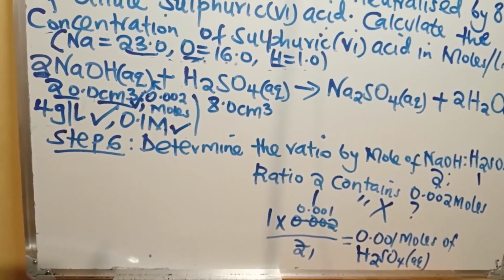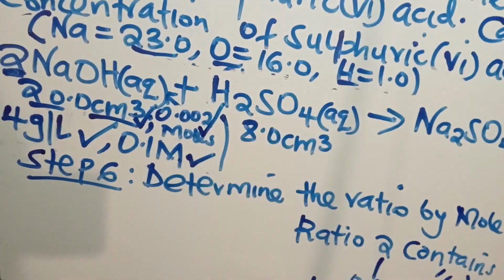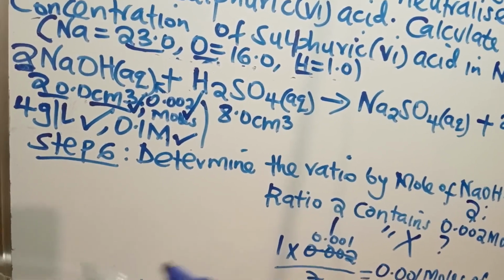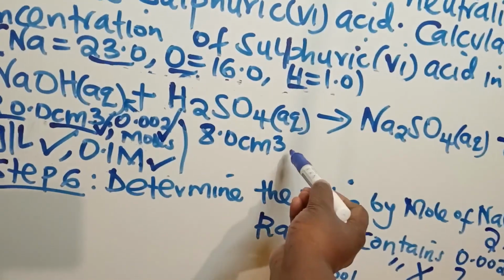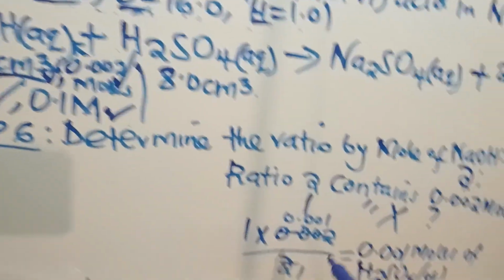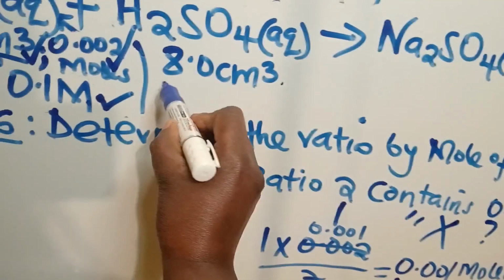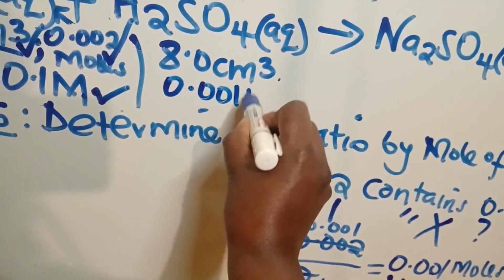Just before we move on, we have already used this value. As usual, we go about ticking the values that we have already used. This one is not yet used, and down here we have just got a new value, and it belongs to sulfuric acid.